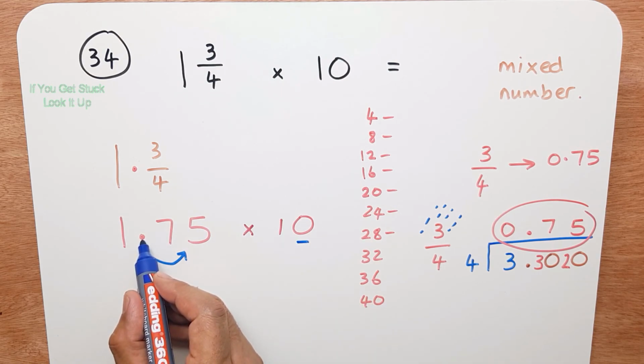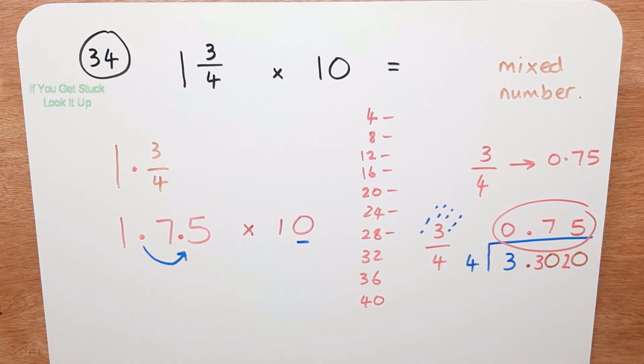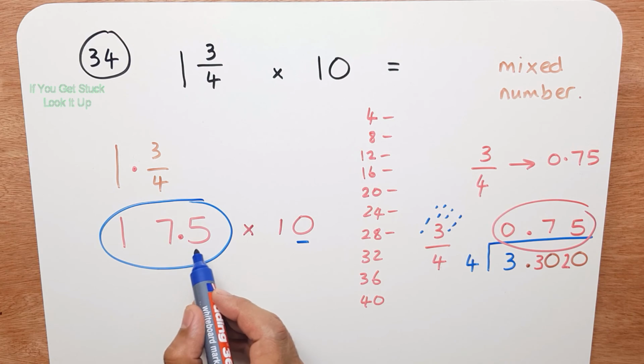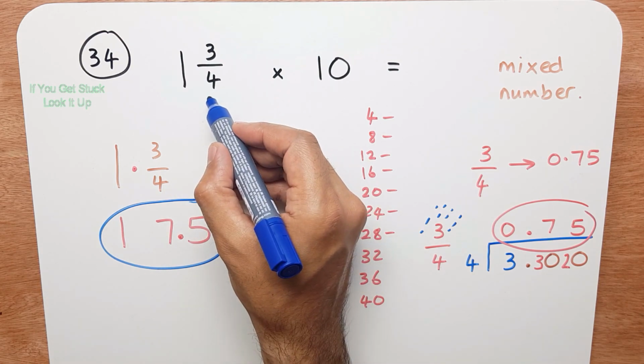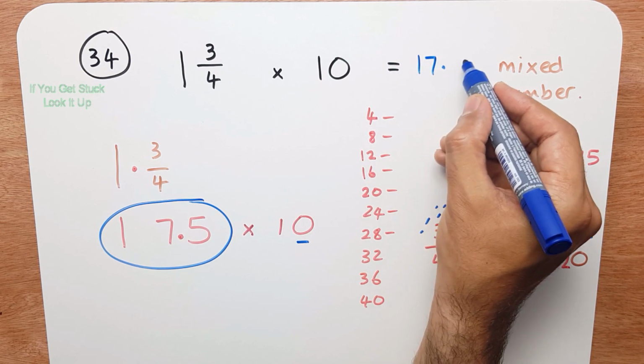So this decimal point ends up here. So I can remove this. So now my answer is 17.5. So 1 3/4 times 10 is 17.5.